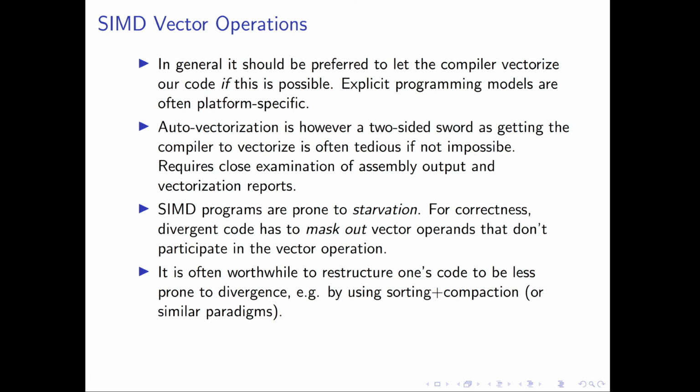We discussed only very simple examples here. We discussed loops with no inter-iteration data dependencies. But in particular, our loop bodies didn't have any branching.